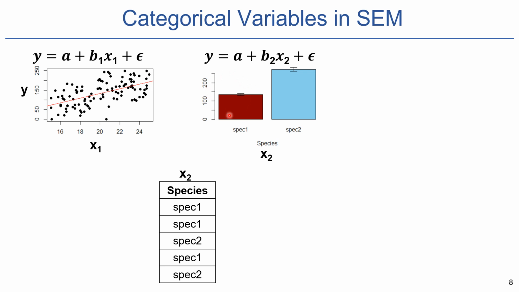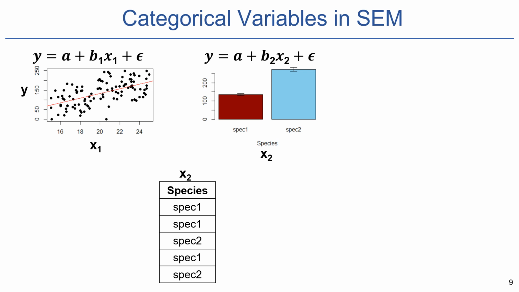The reference level is one of the levels of our categorical variable, and in R, this reference level is the first level alphabetically. The regression coefficients b are the effects of each other level of the factor relative to the reference level. So for our two levels, we will have one b coefficient estimated together with the a, which reflects the reference level.